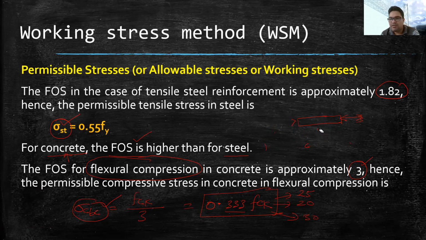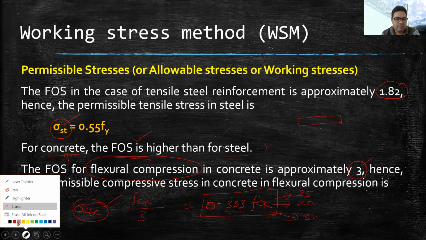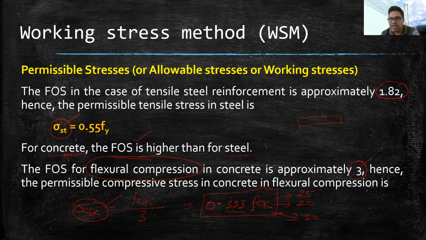Now, if we try to bend it, if we apply force like this, it will bend like this. In the lower region, there will be tension. In the upper region, there will be compression. So because of this load, this compression and this tension both are occurring.